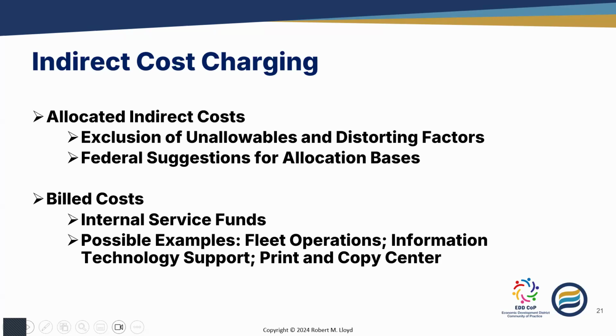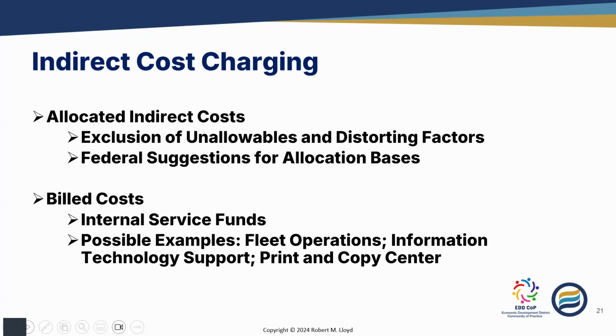And the kind of approach that might be useful to deal with in the examples that are listed there on slide 21, such as fleet operations, the cost of your automobile fleet that's used by staff for its activities, information technology support, and print and copy center approach. Same kind of arrangement there. Setting up a cost rate to be established based upon particular transactions.